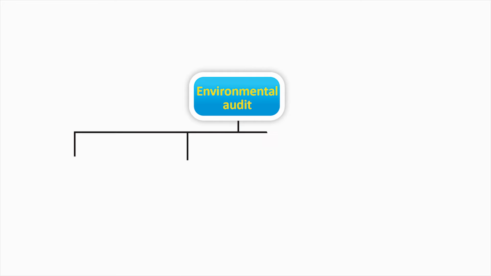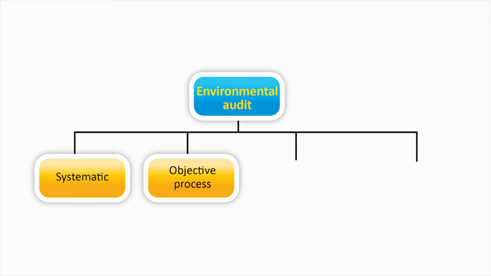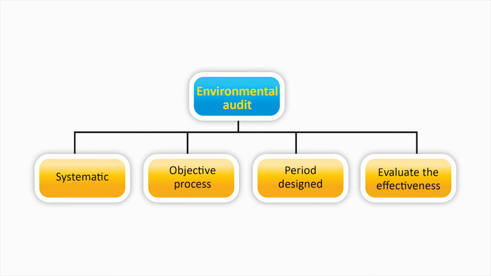Environmental auditing must be understood by management as a systematic and objective process of evaluating a company's facilities and activities for a period designed to verify the compliance with environmental regulations, internal policies, and accepted practices, evaluate the effectiveness of the environmental management system in place, identify and assess any reasonably foreseeable risks associated with hazardous conditions attributable to operations and prevent or mitigate such risks.